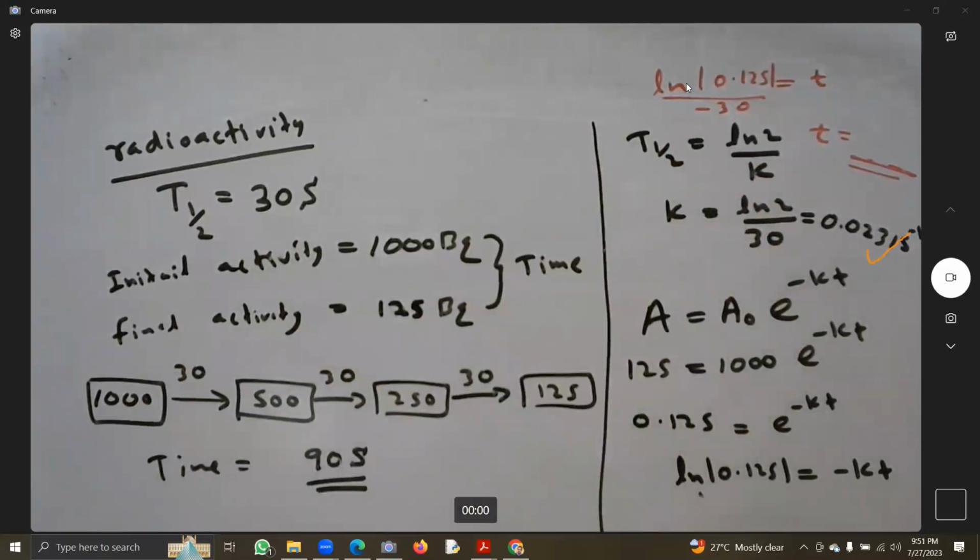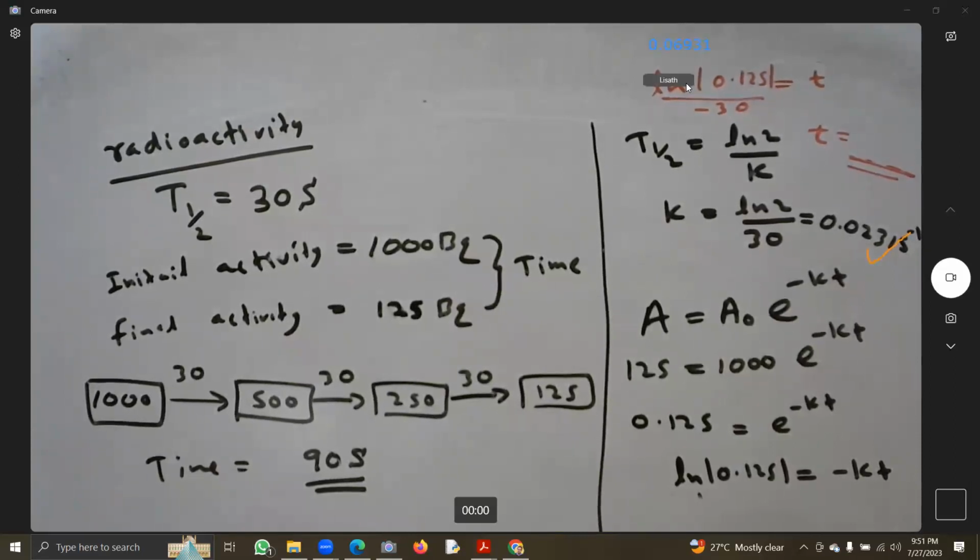Then what's the answer for this? ln 0.125, that is 125 divided by 1000. K is not minus 30.